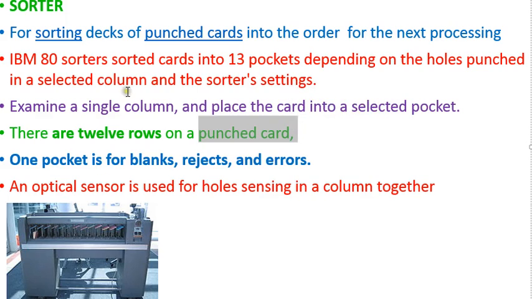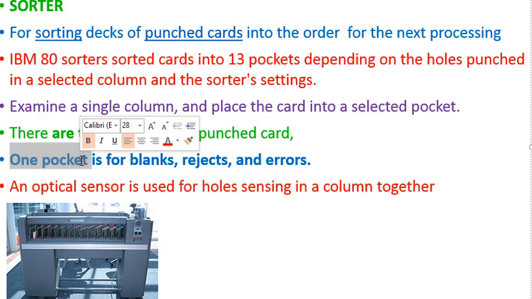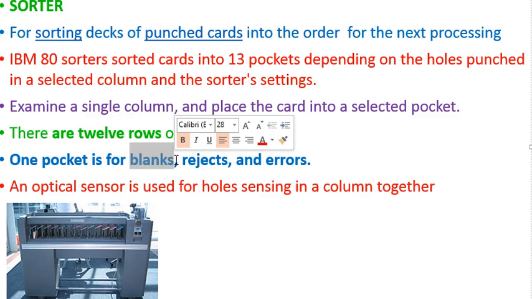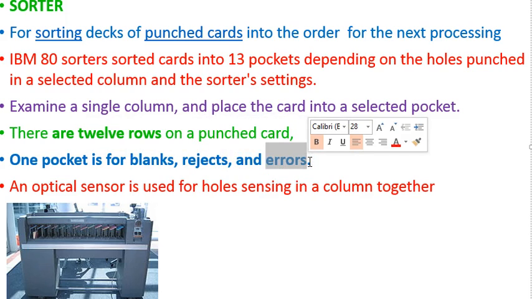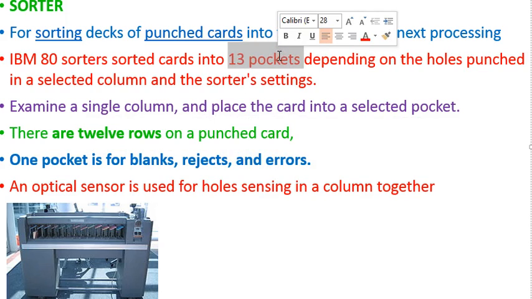And the column number 13, that is one pocket, is used for storing the cards which are blank, the ones that are not punched, or for storing the ones that are rejected because of mistakes in them, or the ones that have errors. But the other 12 out of these 13 pockets are used for storing the successfully punched cards depending on the data in the examined columns.